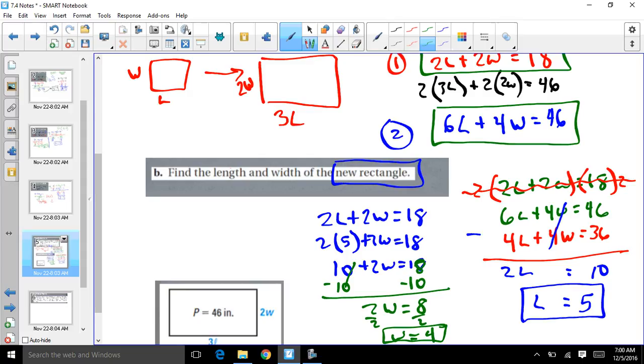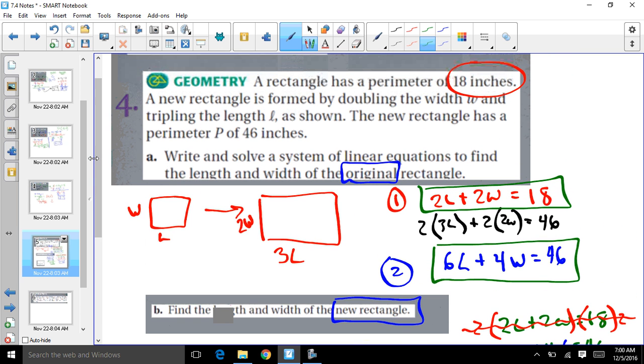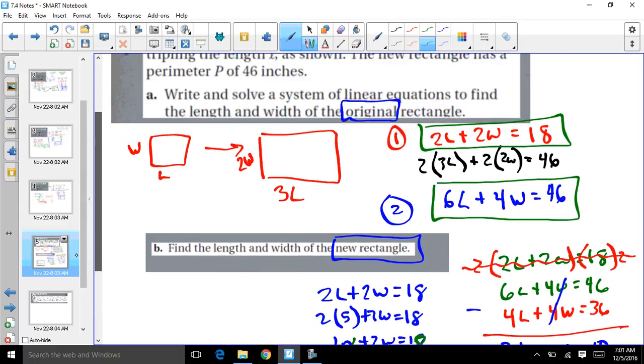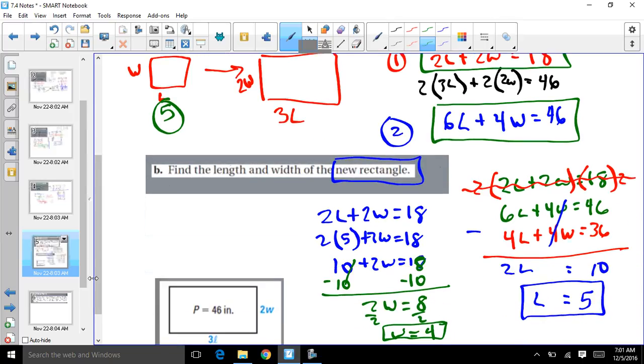I know that L and W make 5 and 4. My original rectangle is, let's go, L is 5, and my width is 4.